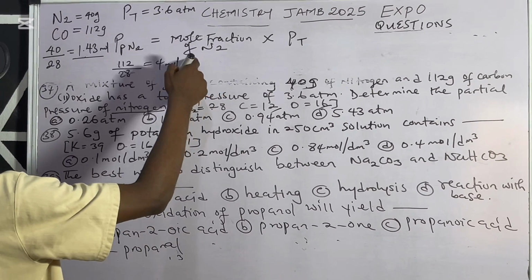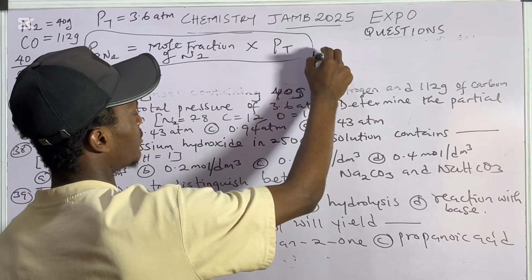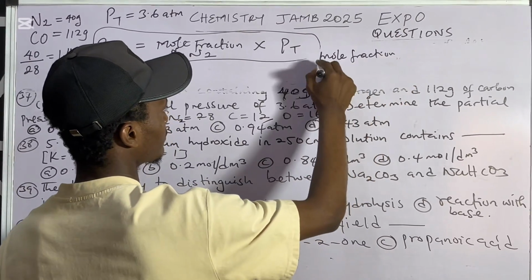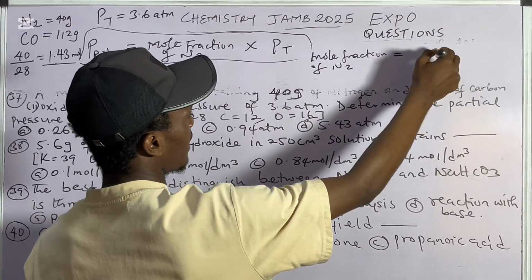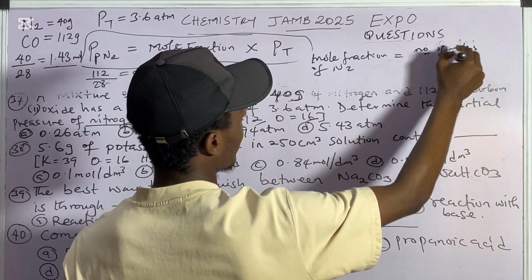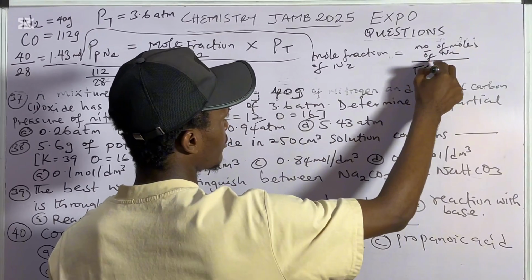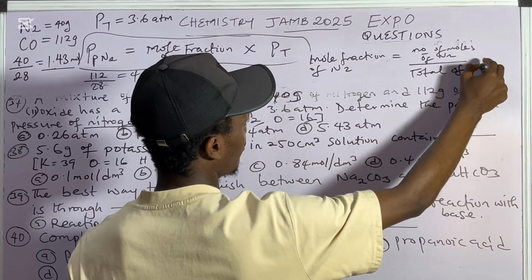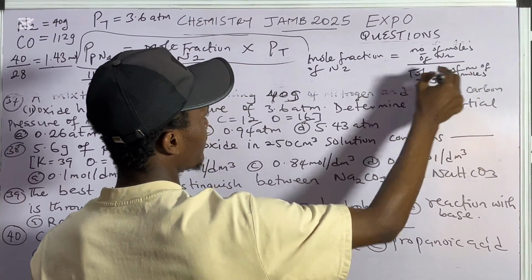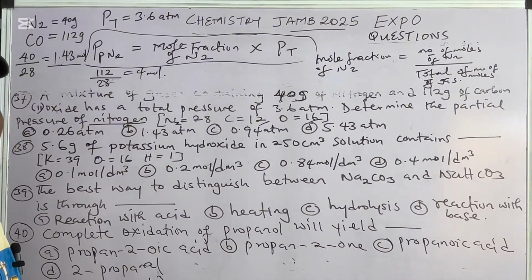The mole fraction of nitrogen is obtained by getting the number of moles of nitrogen over the total number of moles of gases, talking about both the nitrogen and the CO gas. So how can you get the total number of moles? It's simply by summing up.